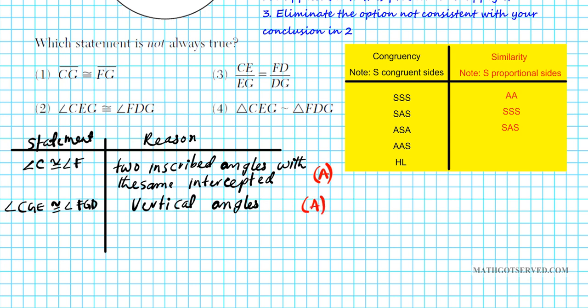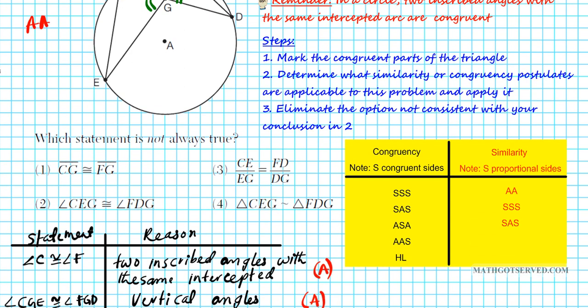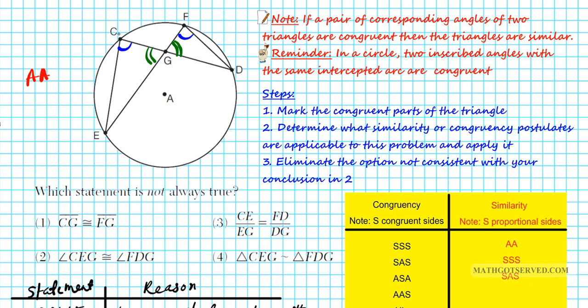All right. So in this problem, that's basically all the conclusions we can draw. We just have an A situation. Two triangles where a pair of corresponding angles are congruent. Now, if you look at this chart we have here, what can we conclude? Can we say these two triangles, triangles CEG and FDG, are congruent or similar?